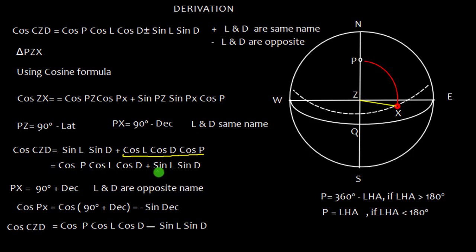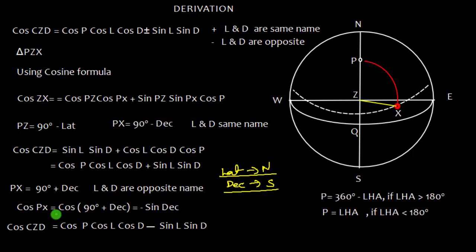So, this is the intercept formula. Well, we computed this formula considering latitude and declination as a same name. Suppose they are opposite name. That means Px will be 90 degree plus declination, and here we can say that declination is south, we have assumed, and latitude is north. So nothing will happen to the latitude, but for declination is south, so Px is 90 degree plus declination.